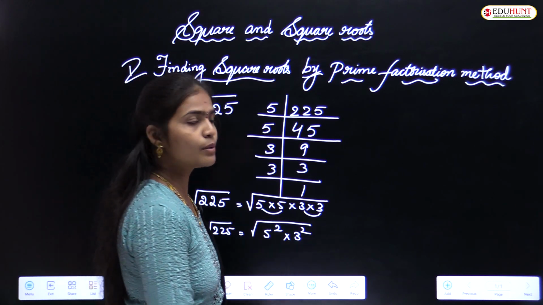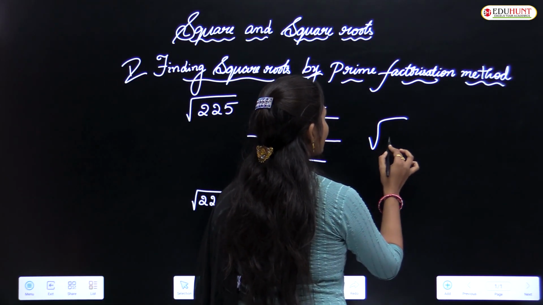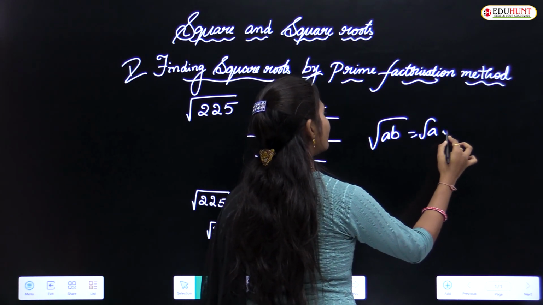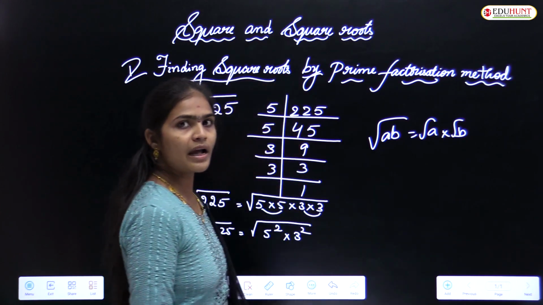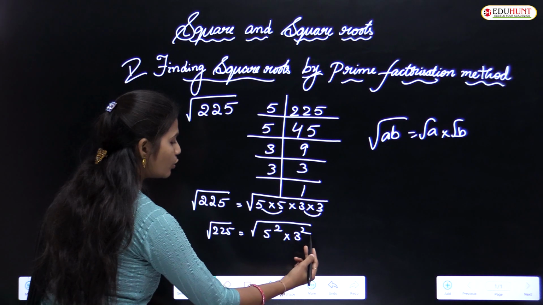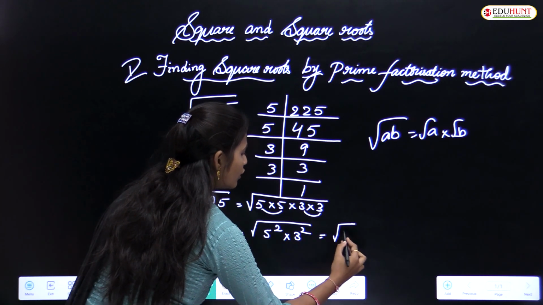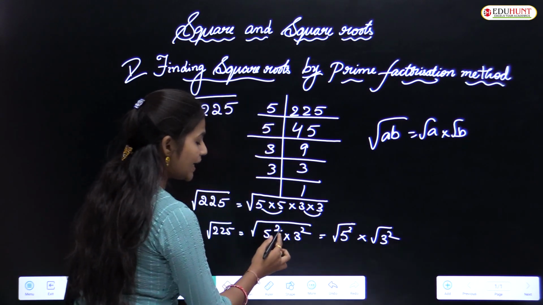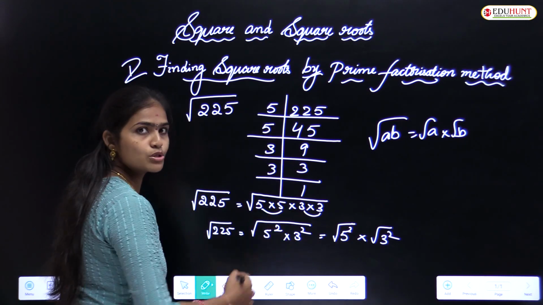Already we discussed in the properties that if the square root is in the form of square root of AB, we can write it as square root of A into square root of B. Applying that property here, A is equal to 5 squared, B is equal to 3 squared.